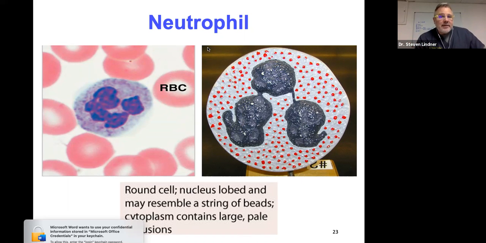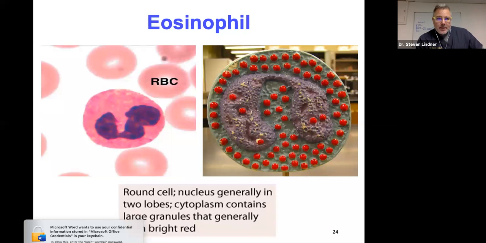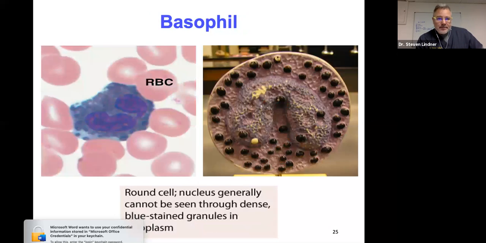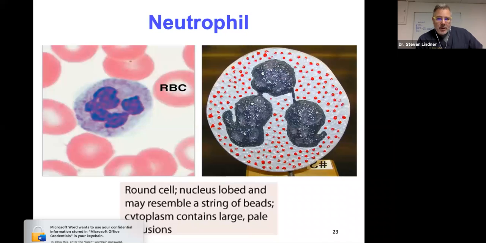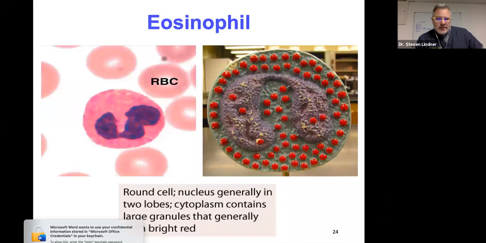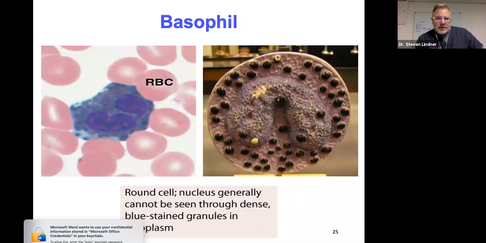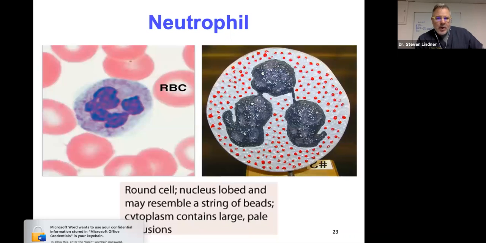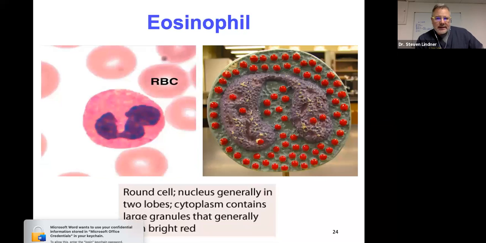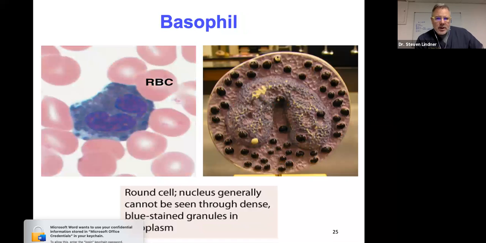So one type of white blood cell is granular, and there are 3 granular sites. One is a neutrophil, one is an eosinophil, and one is a basophil. If you look at all 3 of these, notice as I toggle back and forth, although the nucleuses look different, they all have granules in the cytoplasm, whether it's a neutrophil, eosinophil, or basophil.